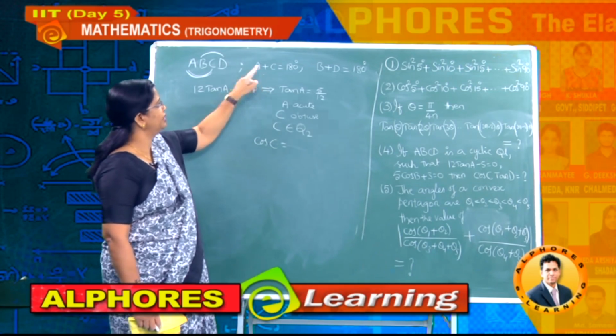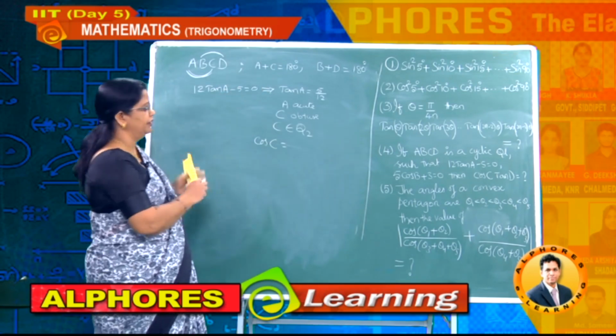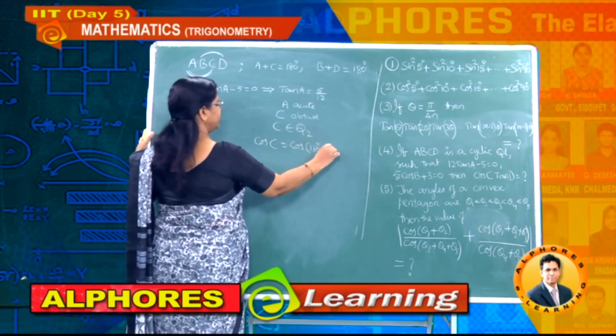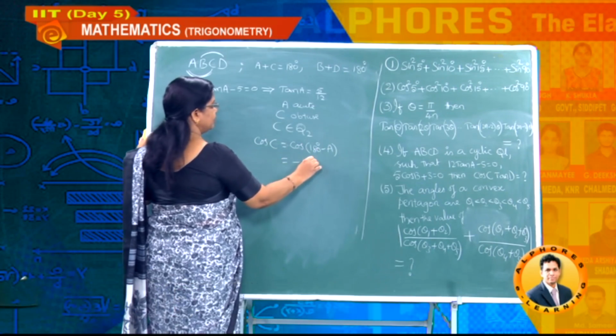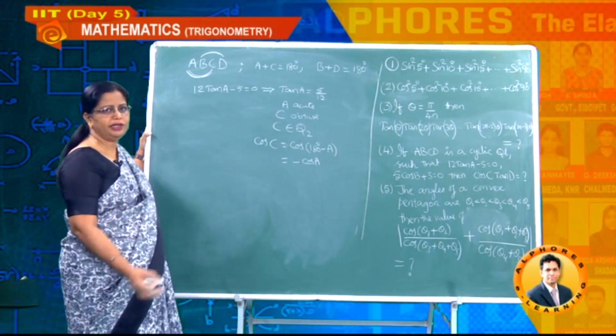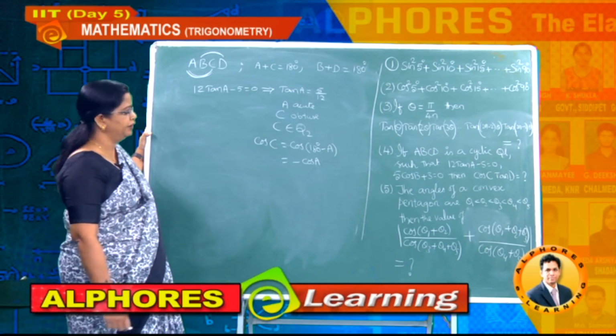C equals how much here? 180 minus A. So I am writing cos of 180 minus A, and this is minus cos A. First formula. Later while substituting we can think about what we have to write.